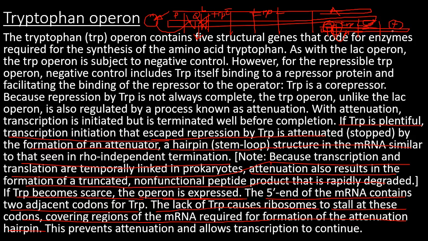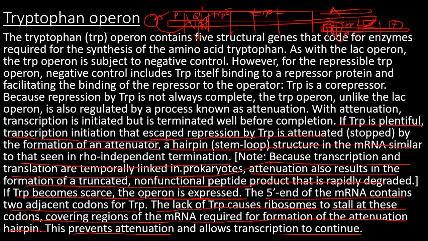When the machinery sees the stem loop between region 3 and region 4, it will stop, it will attenuate, and this will be done prematurely. So there will be formation of a truncated messenger RNA, which will be degraded. But when we don't have tryptophan, there will be formation of a stem loop between region 2 and region 3, and this will prevent attenuation and will allow transcription to continue.